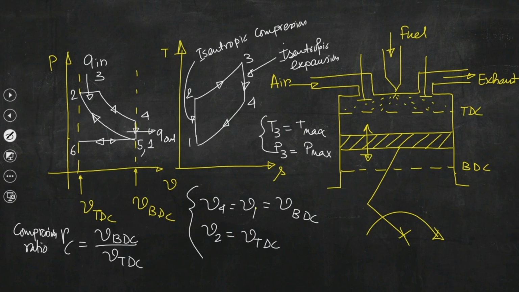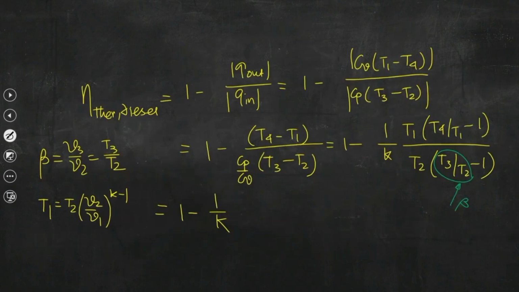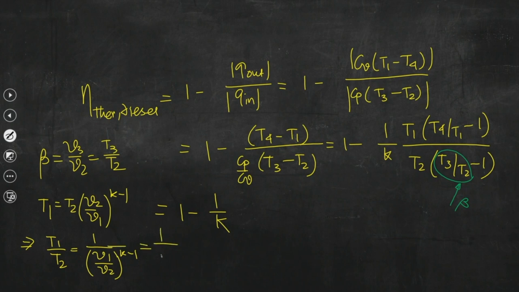Therefore, I can write T1 by T2 equal to 1 upon rc power k minus 1.